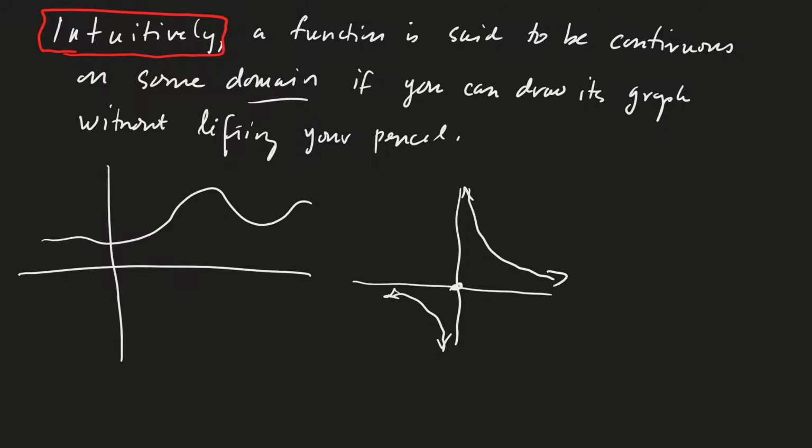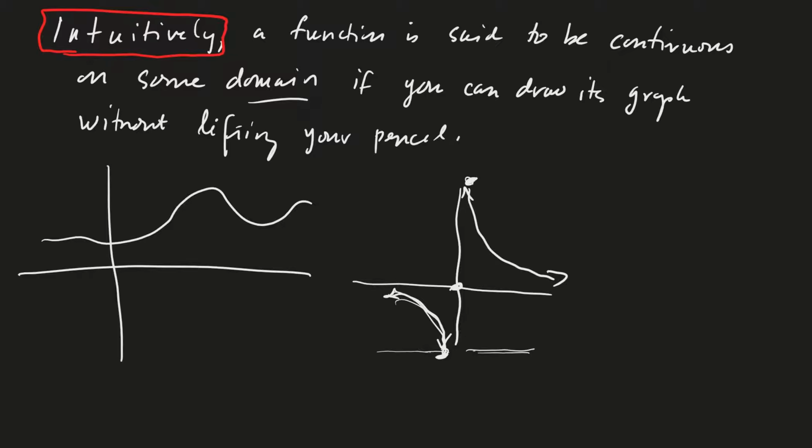Notice, by the way, that if you were to consider the domain to be all x such that x is not equal to 0, then the function actually is continuous on that domain, because I removed the bad point. Let me say that again. On this graph, I would have to lift my pencil to get from here to here.